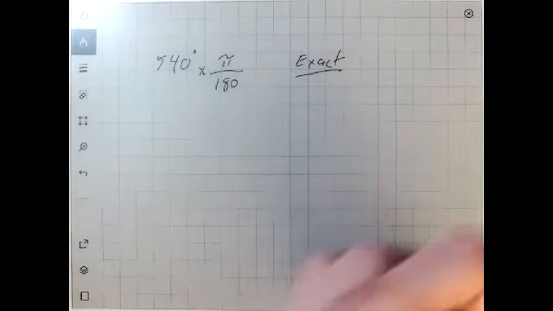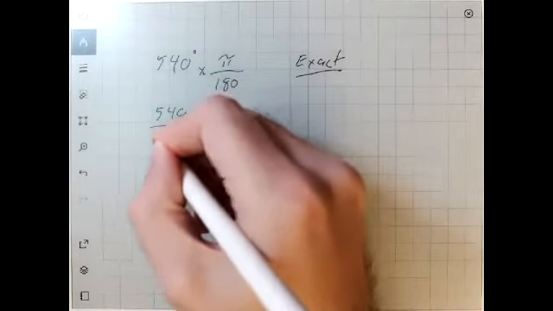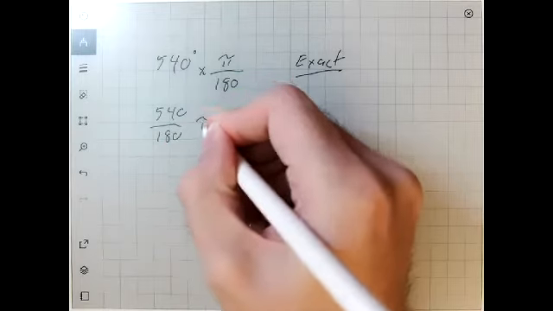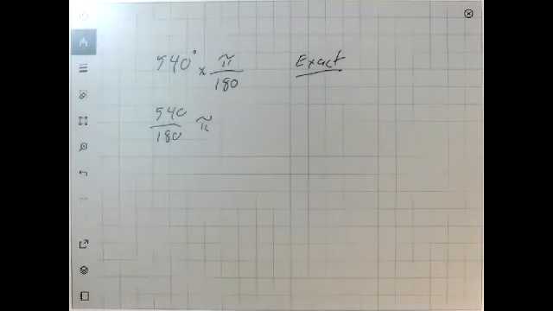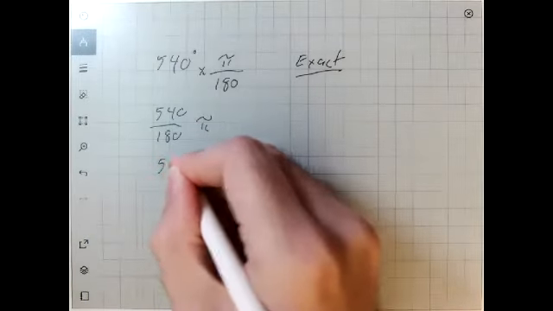So just playing around a little bit with the fraction, I can rewrite this as 540 over 180 times pi, clearly divisible by 10.